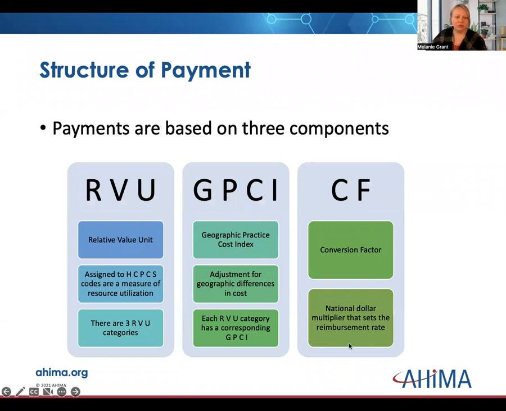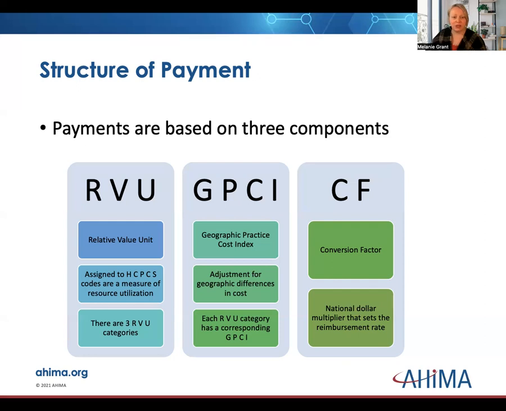Now, the structure of payment is all identified by the information we collect when looking at the record. The first thing being those RVUs, or relative value units, which are defined by, you guessed it, pulling up the CPT or HCPCS codes that identify the types of service and the procedures done. This is very similar to other processes that we have with Medicare payments. After that, we look at things that are not really so flexible because they don't change from service to service.